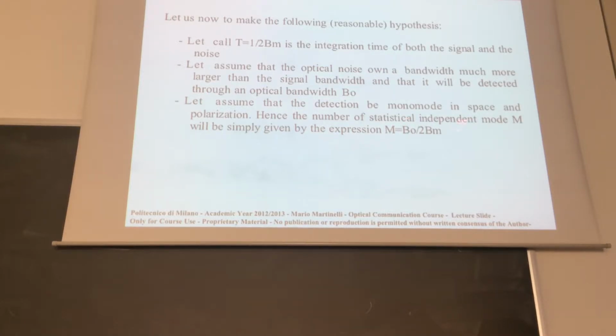The number of statistically independent modes, these are temporal modes, that is the modes of the statistics of the measurement, so it's nothing to do with the modes of propagation. This is a mode of the sampling, and it is Bo divided by Bm, you agree?